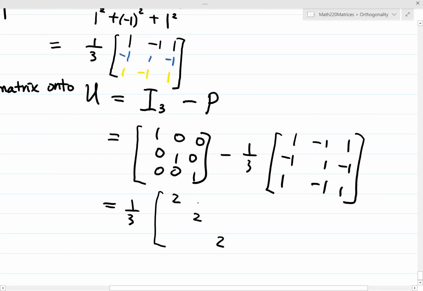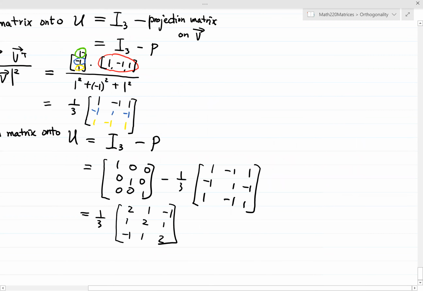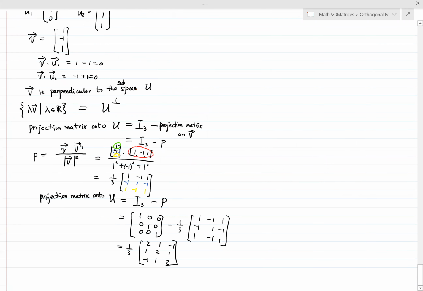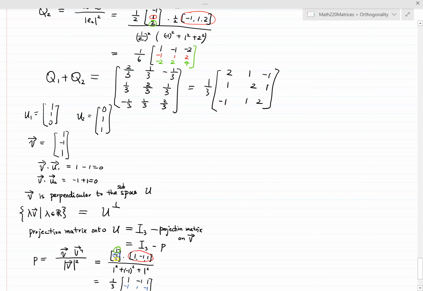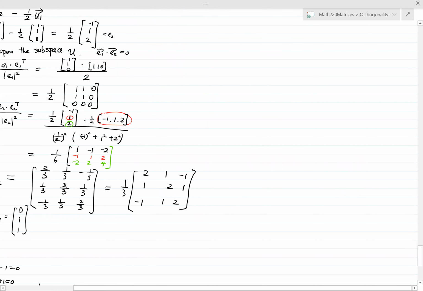So off diagonal you flip the entry of the second matrix, so here you get negative 1. Now if you compare, the result is exactly the same as what we got before. Where is the result?